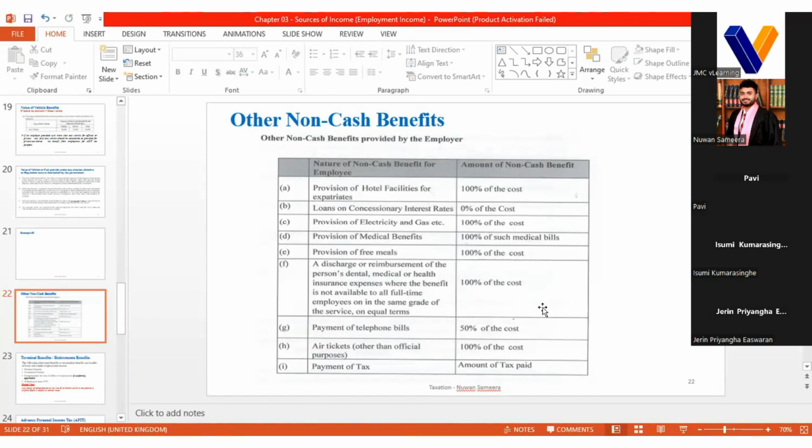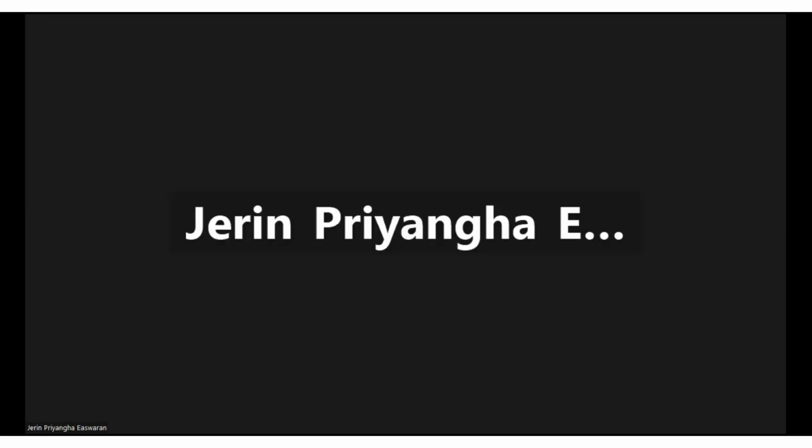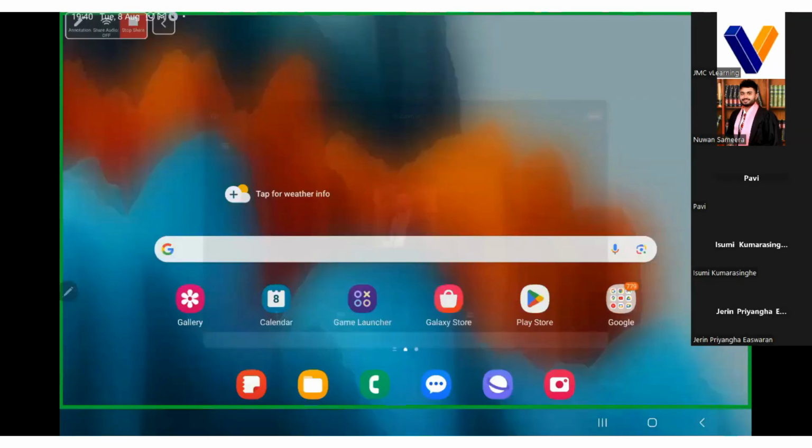I have correctly given it, right? You will read it carefully. Please, here the point is not available. Not available means there is no equal policy. If there is no equal policy, it should be considered as employment income.